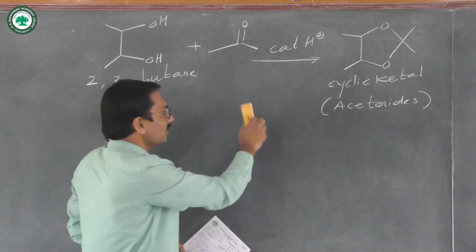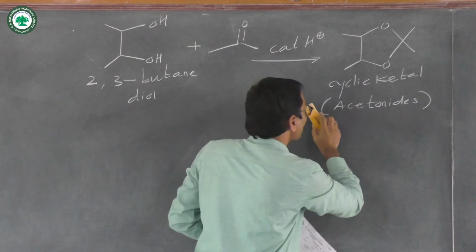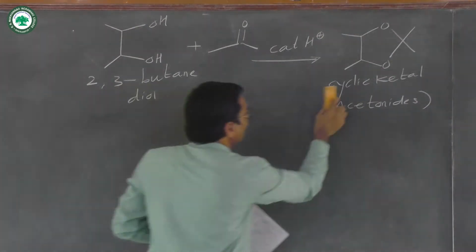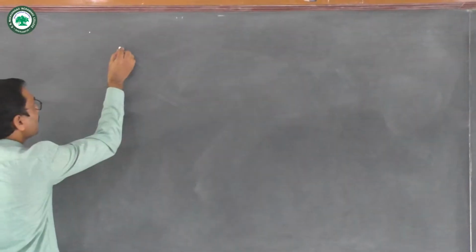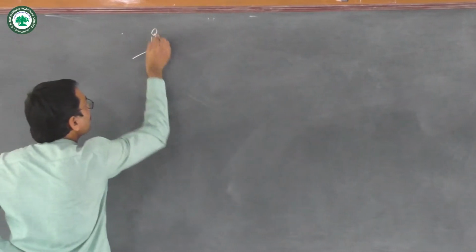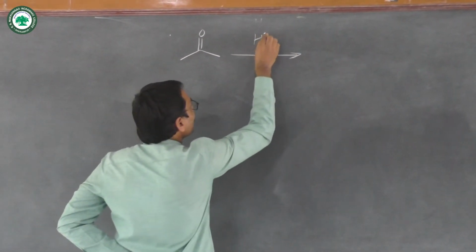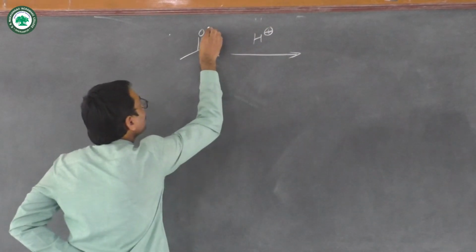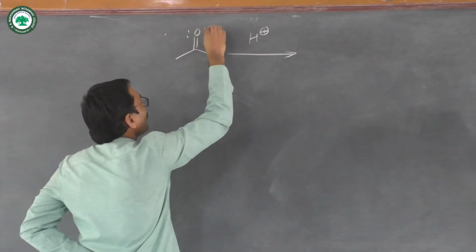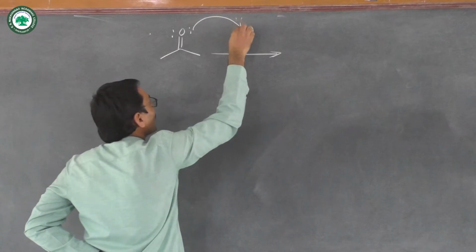We consider the mechanism of formation of this type of cyclic ketal. Initially, that ketone is allowed to react with H+. An electron pair on oxygen attacks this H+.